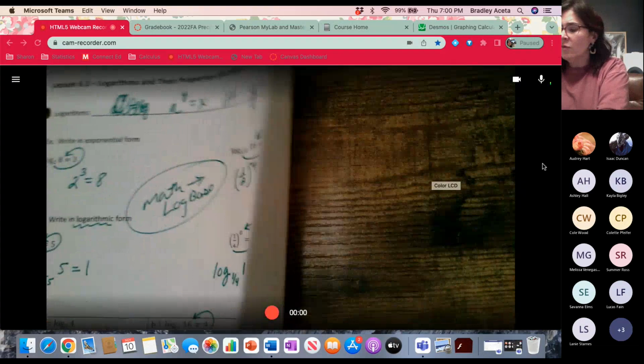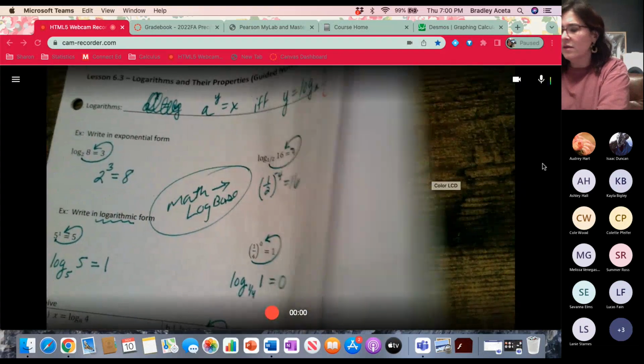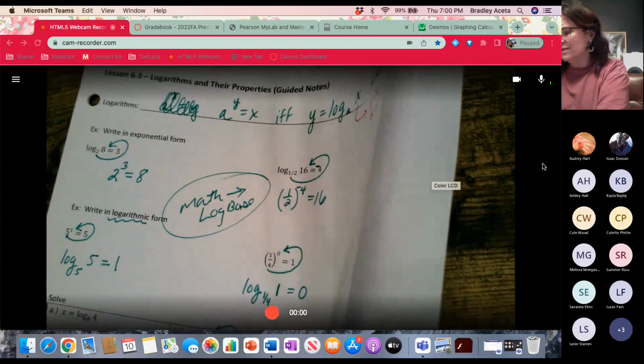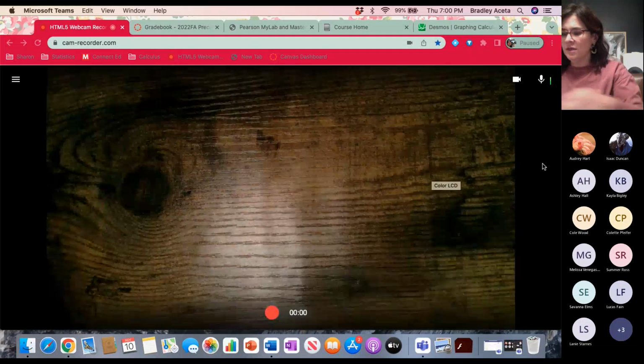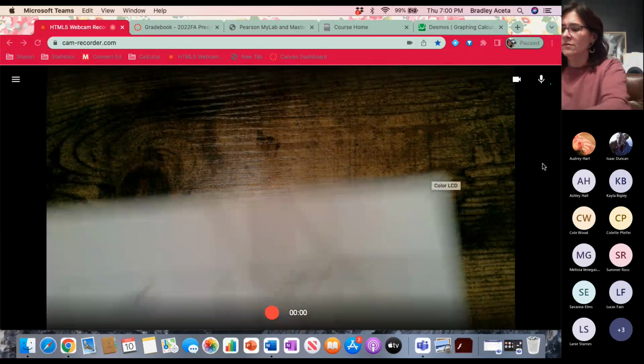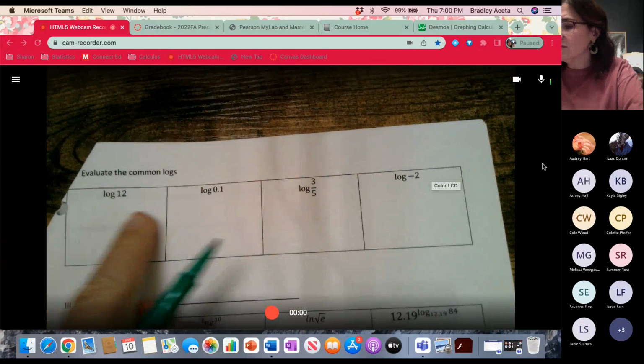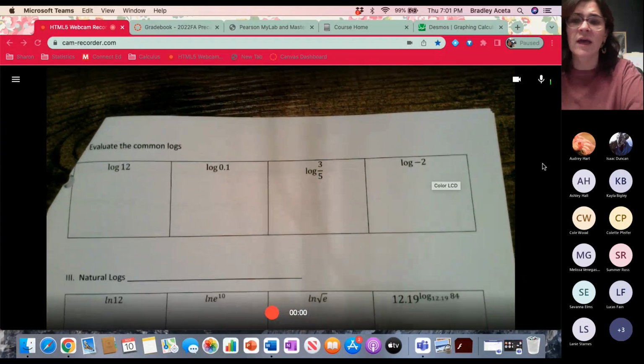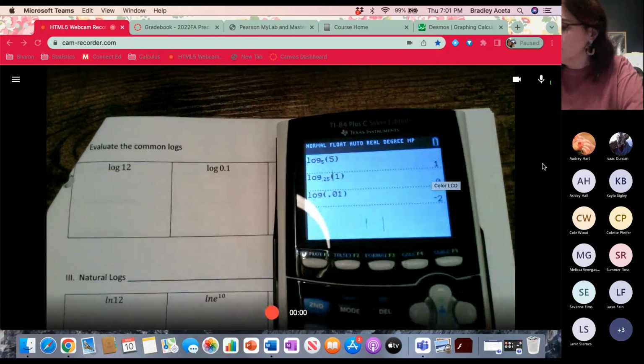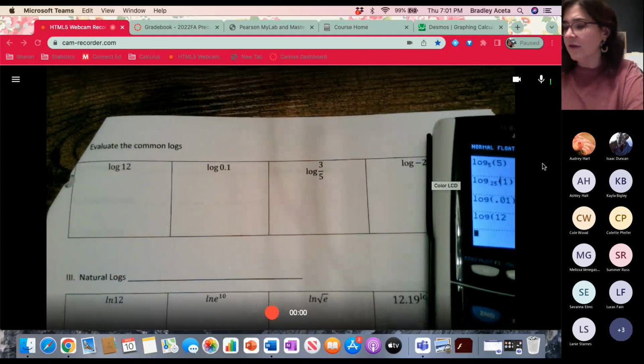So part of homework tonight will be to evaluate common logs, which again is just as easy as putting it into a calculator. All of these are common logs because they don't have bases. So you would just type log 12 and you get roughly 1.079.